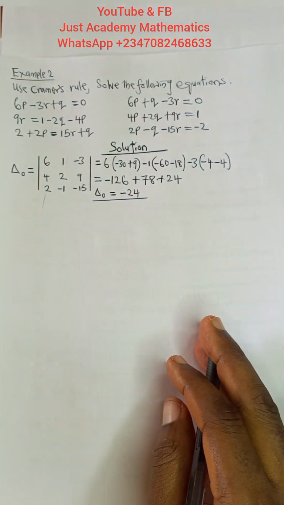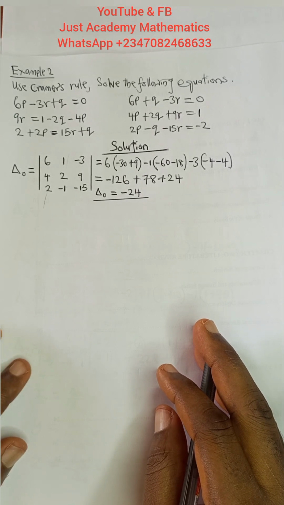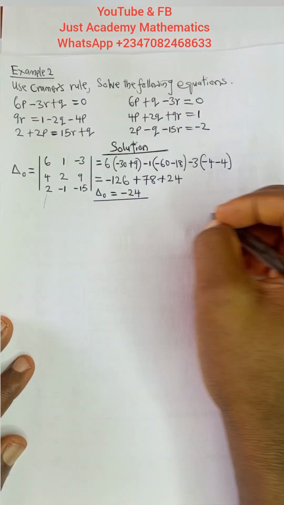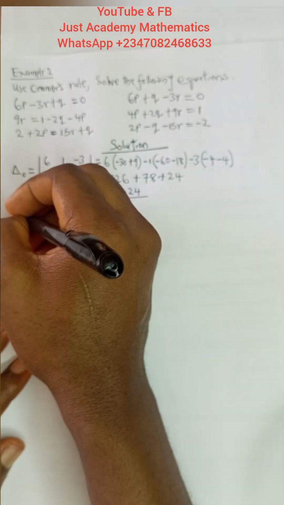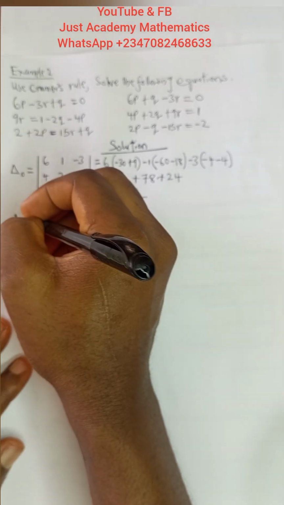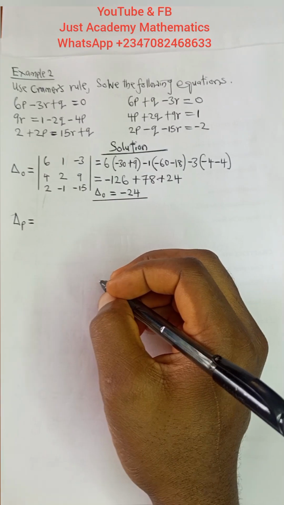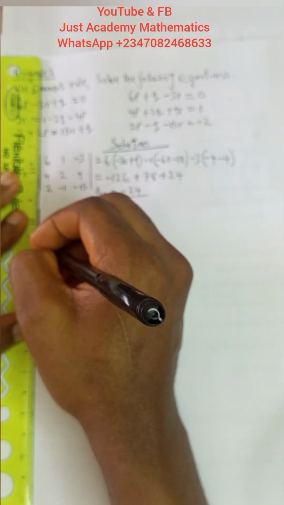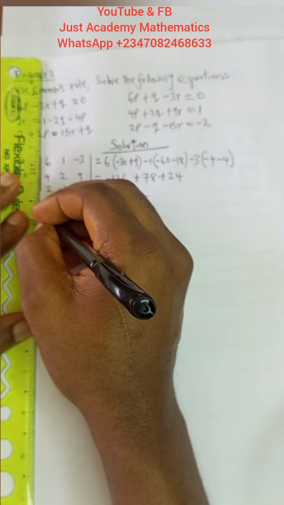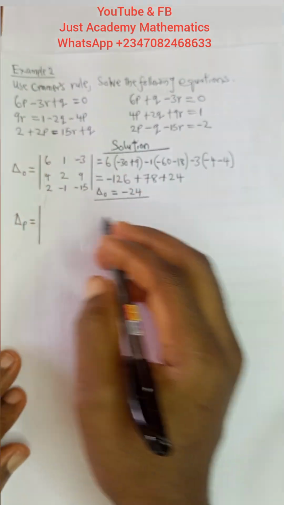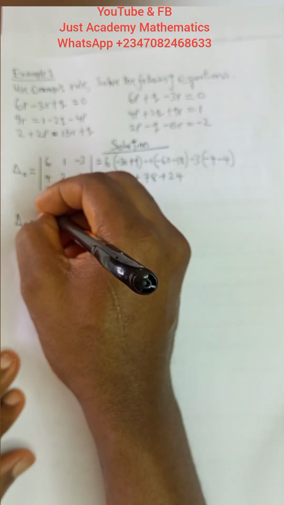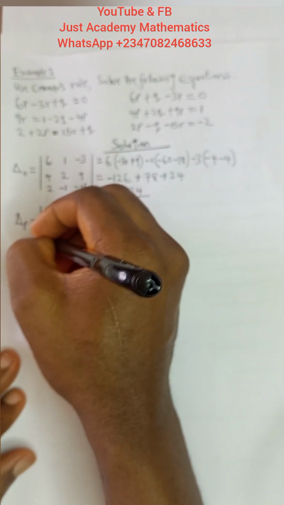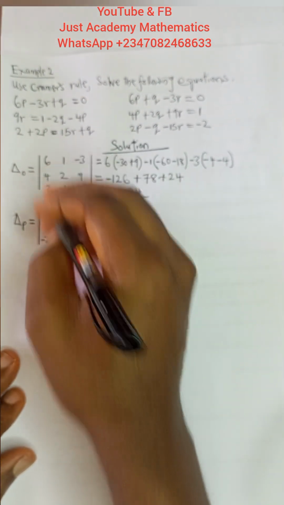With this, we can now proceed to find change in P. What will be change in P? You know the procedure. We replace the P column with the constant. What is the constant? 0, 1, minus 2. We replace the P column with that.